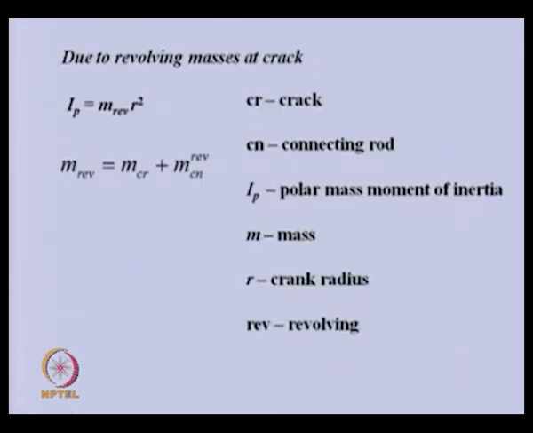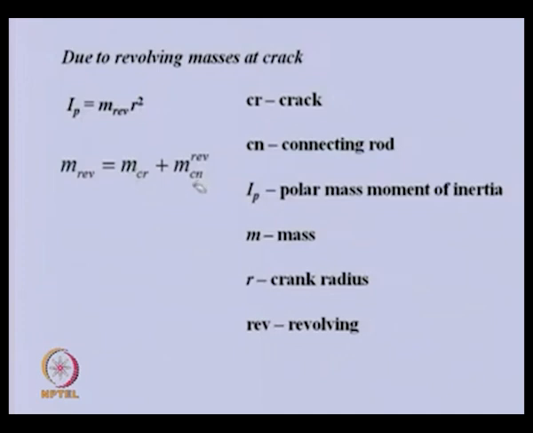Now, coming to the revolving masses at the crank. The polar moment of inertia will be given by the total revolving mass of the crank times r squared, where r is the crank radius. This revolving mass will be the revolving mass of the crank itself as well as that from the connecting rod.